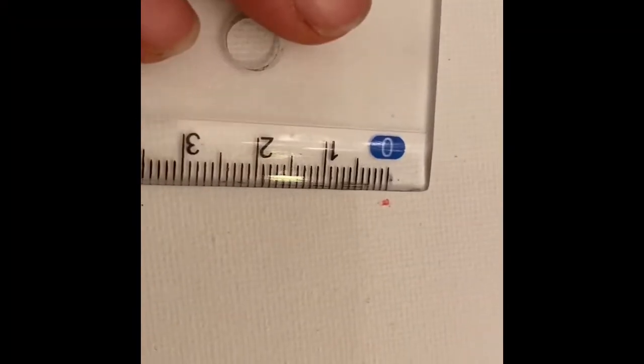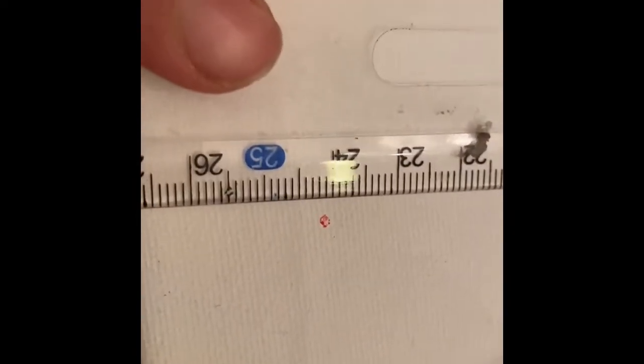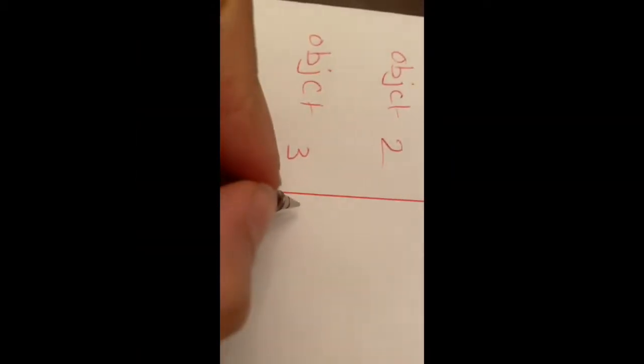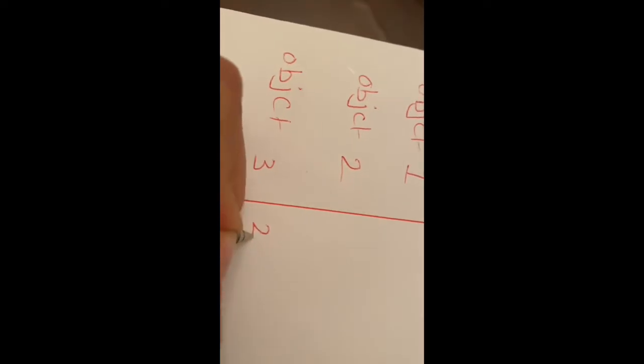Okay, so we will measure the distance they traveled. Here, this is 0 until here. It is 20. So this is object 3. We will write down it moved 24 centimeters.